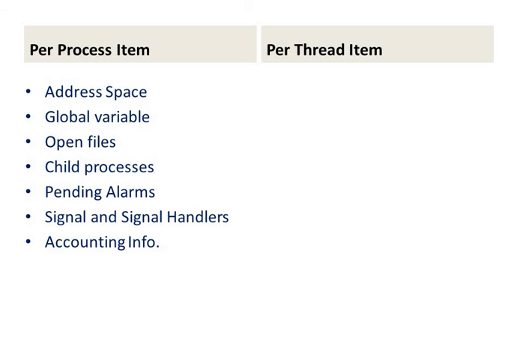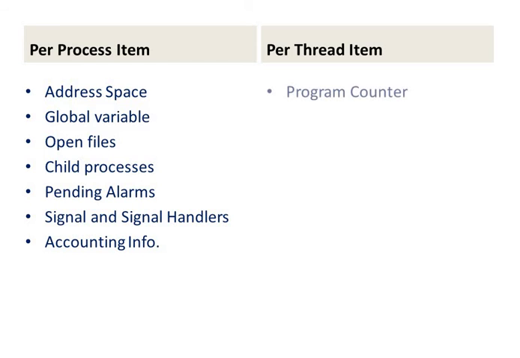What is the range of the address space, what variables are used by this process, what files are being used, how many child processes are created by this process. All these things are related to a particular process.